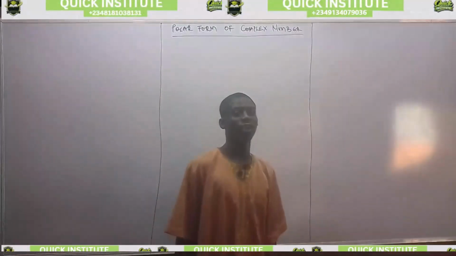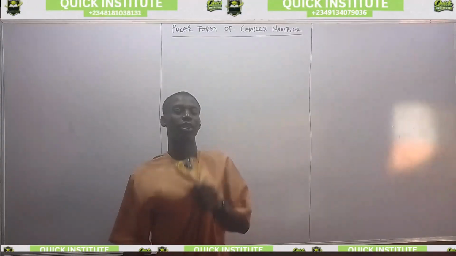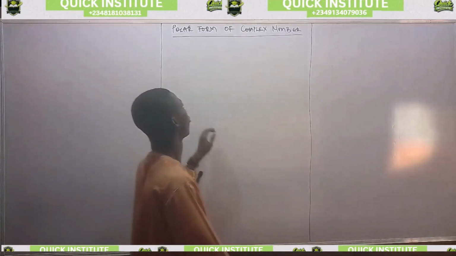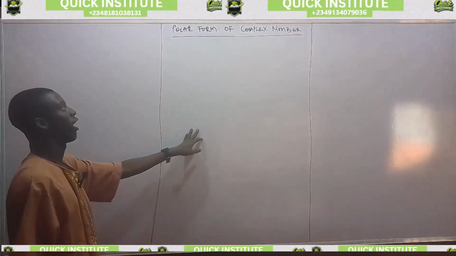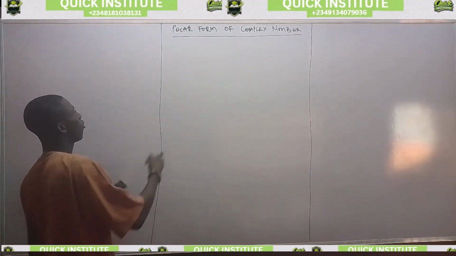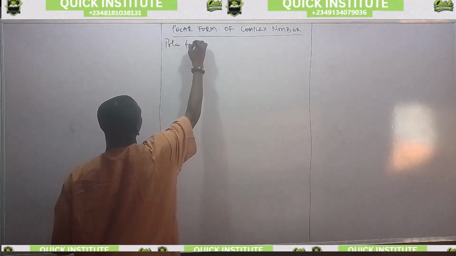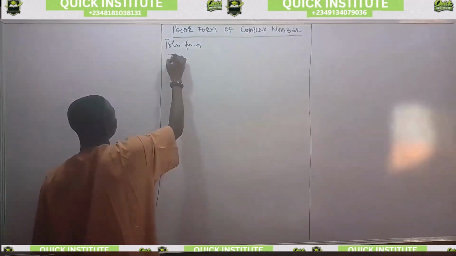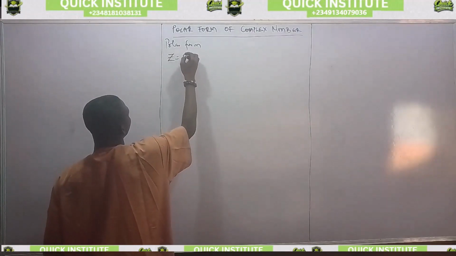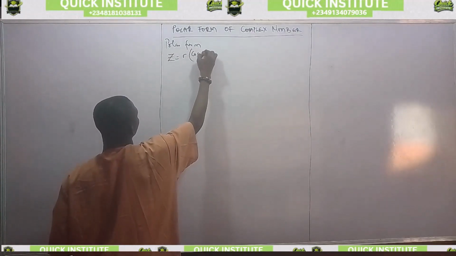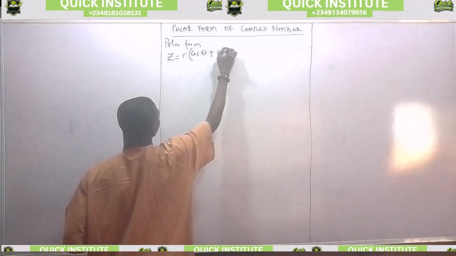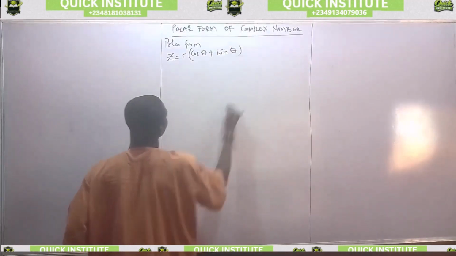The next topic on our list under complex numbers is the polar form of complex numbers. I said the polar form of a complex number can be represented as z equals r (cos theta plus i sin theta).